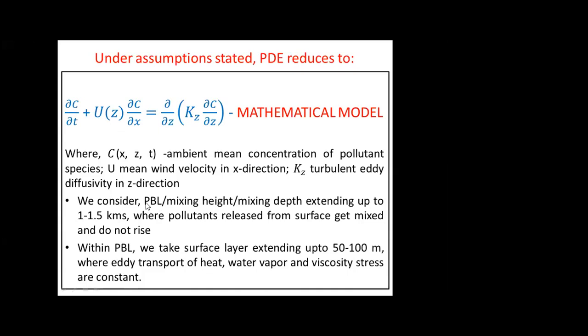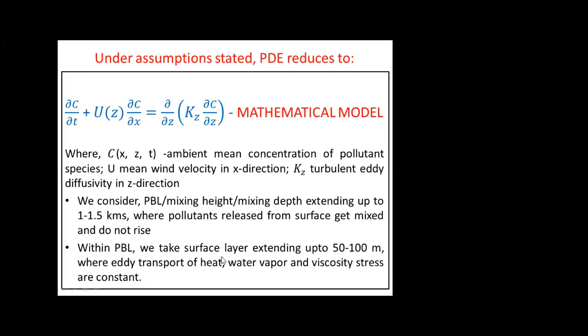One is called the planetary boundary layer, which is from 1 to 1.5 kilometer from the ground, and within the planetary boundary layer we have a surface layer which is just 50 to 100 meter, where we all live and where we all breathe air pollution. So this is a very important layer.